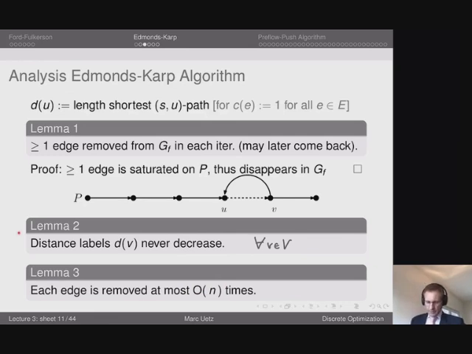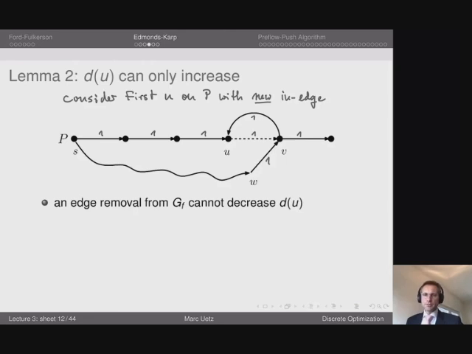Let us look at the proofs for the other two lemmas. Lemma 2 says, from iteration to iteration, the distances of the vertices from the source vertex S can only get larger. And if we show this is true for all the vertices from this augmenting path, then it will also be true for all the other vertices.